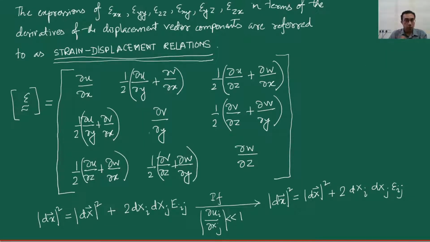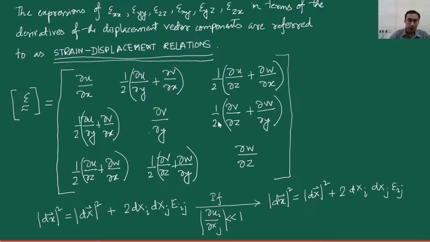in one of these earlier lectures we had mentioned this very important set of relations called the strain displacement relations, and these were basically six relations connecting the various components of the strain tensor with the various derivatives of the displacements.